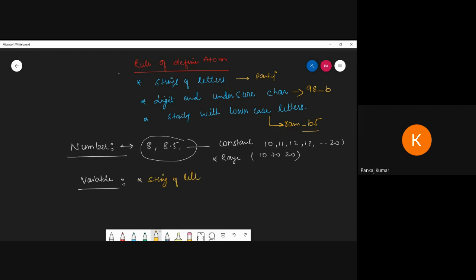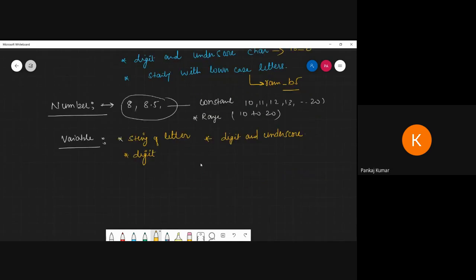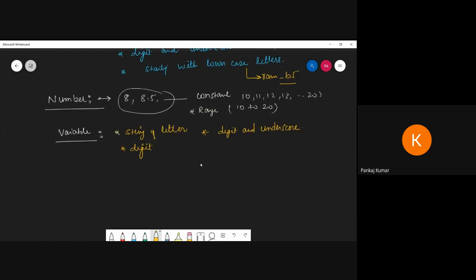It may be a digit, or we can say that it may be a digit and underscore also, and they start with an uppercase letter or underscore letter. That is important for a variable. So these do not start with a lowercase letter, that is the important point.